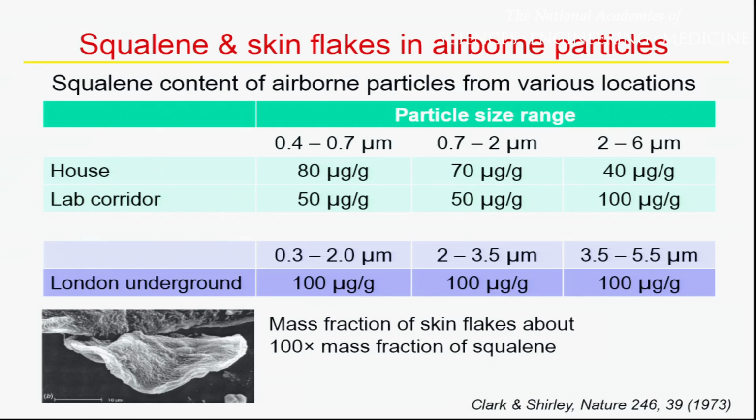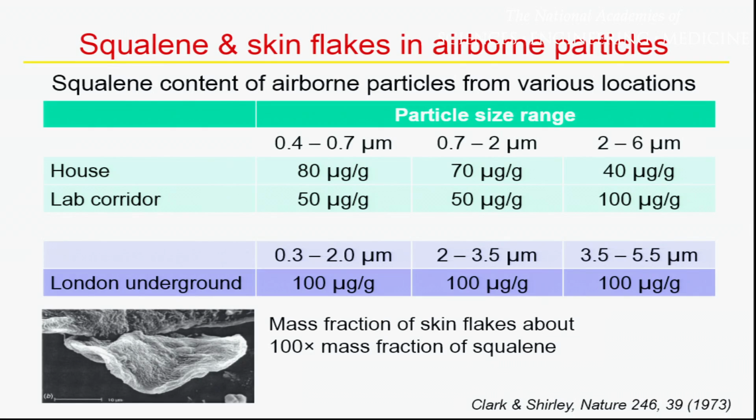Now, you've already heard from Glenn, squalene is a constituent of skin oil, about 10% skin oil by weight. And we, the occupants, are a relatively unique source of squalene. There are very few other sources of squalene in indoor environments. So you can use squalene as a marker of the occupants.